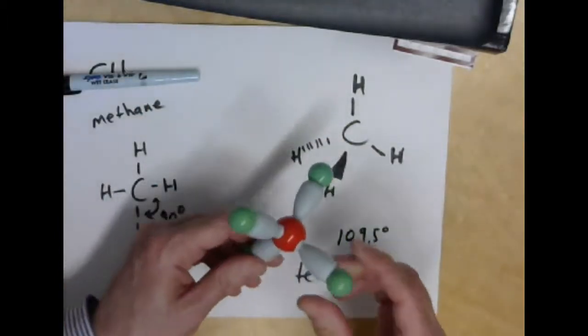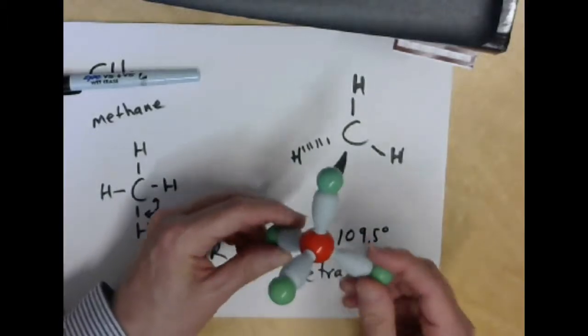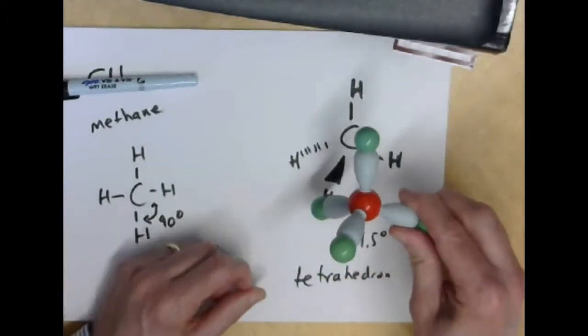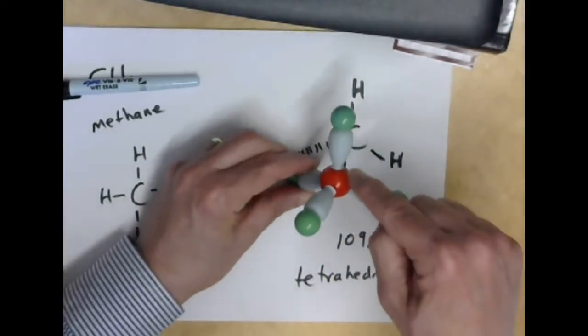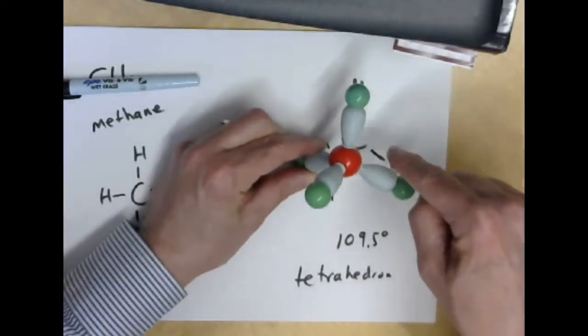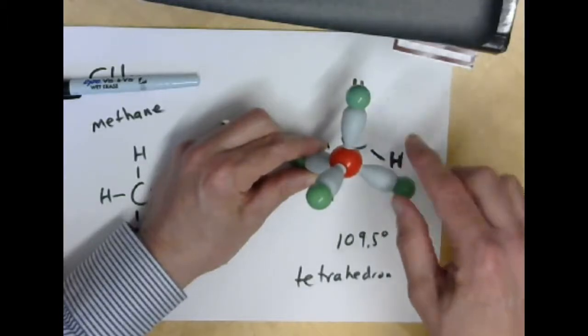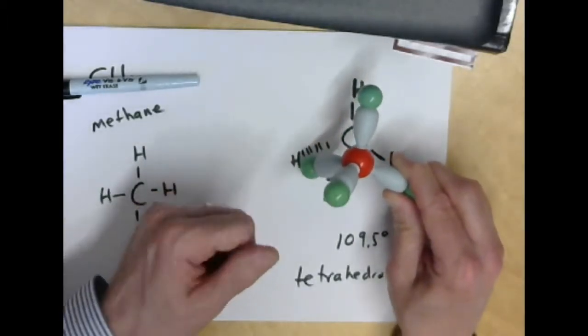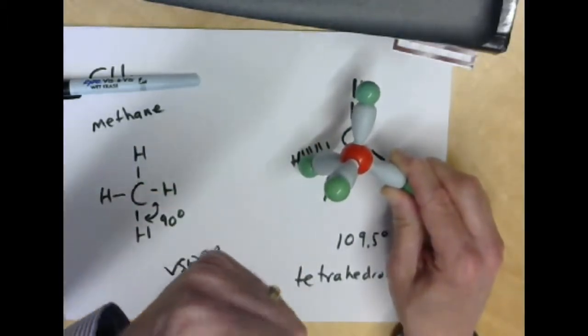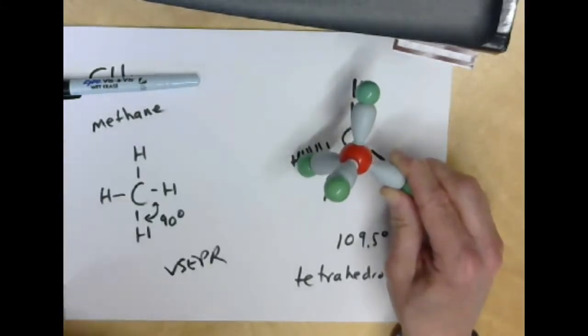And so if I were to do that with this model, here's a carbon, and they're the 2 atoms that would be in the plane of the paper. Those 3 are all coplanar. And then this hydrogen is coming out of the plane of the paper toward you, and that hydrogen is going away from you.